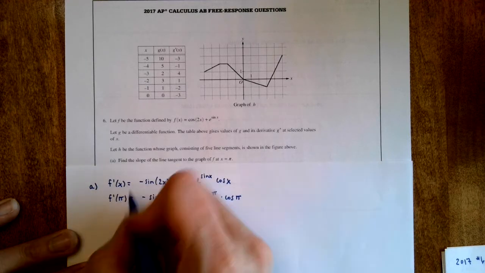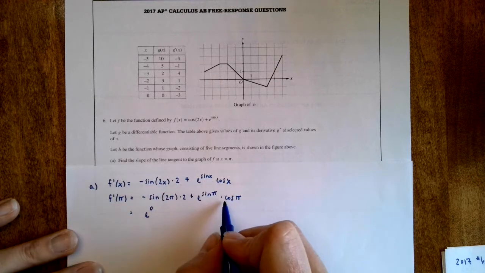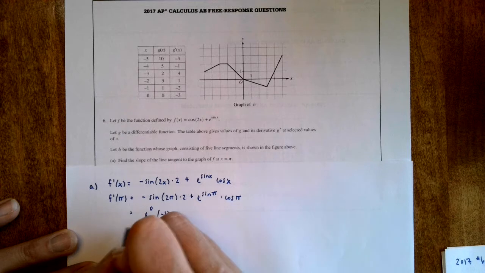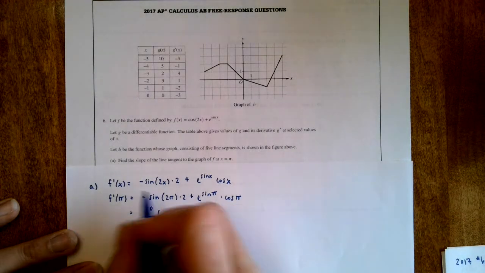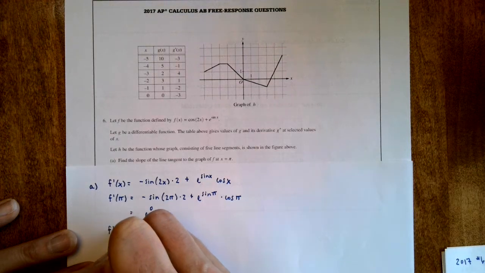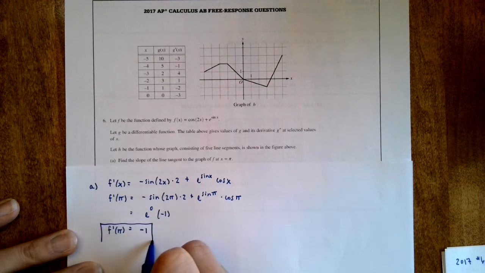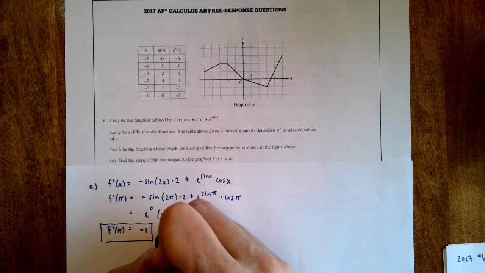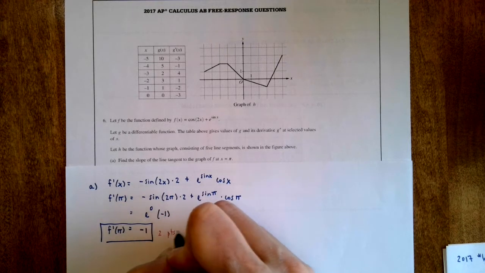I have e to the sine of pi, again that's e to the 0, times cosine of pi, and cosine of pi is negative 1. e to the 0 is 1, so 1 times negative 1 is negative 1. So f prime of pi is equal to negative 1. Here they're giving 2 points for the answer.